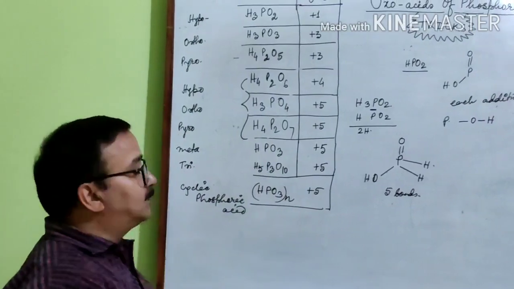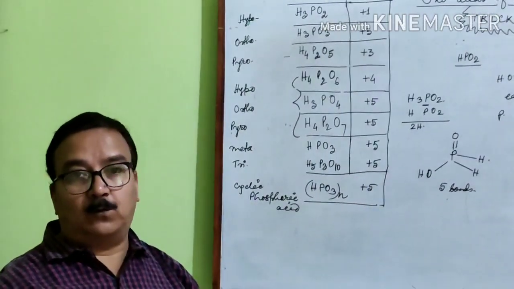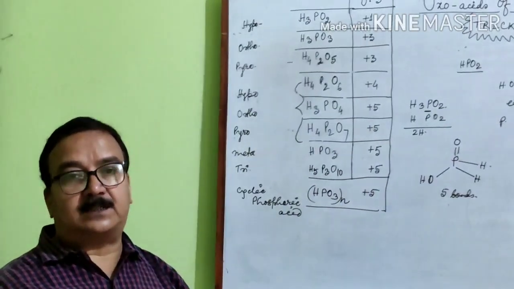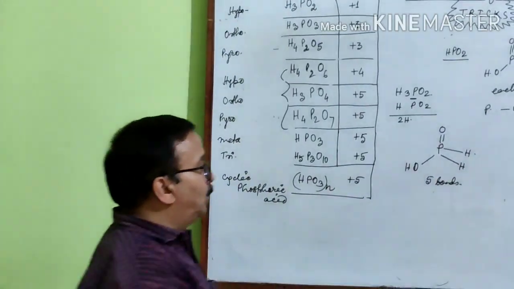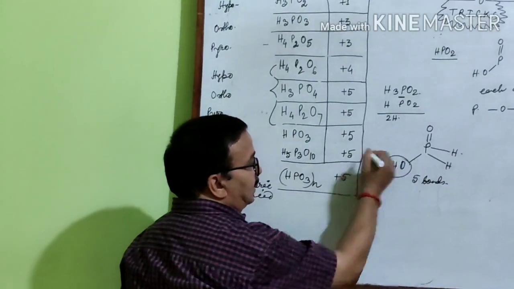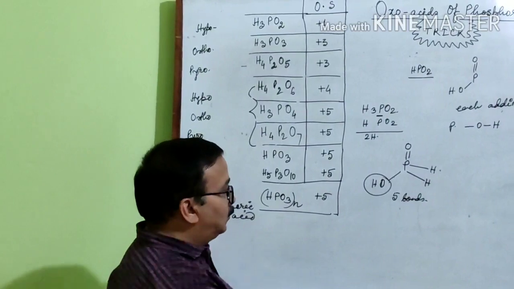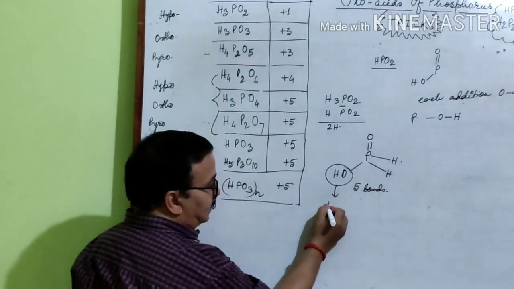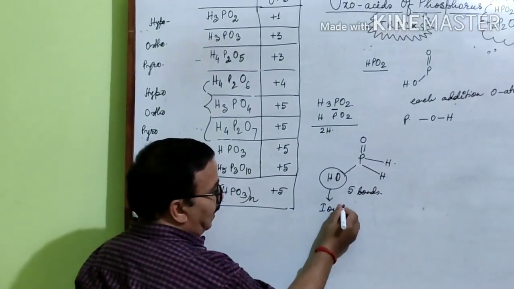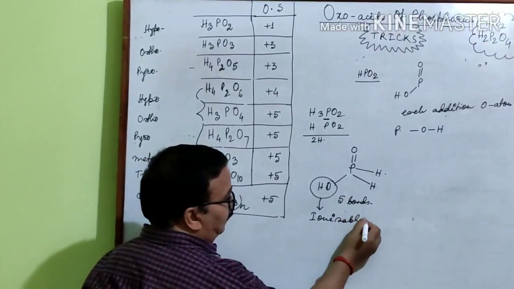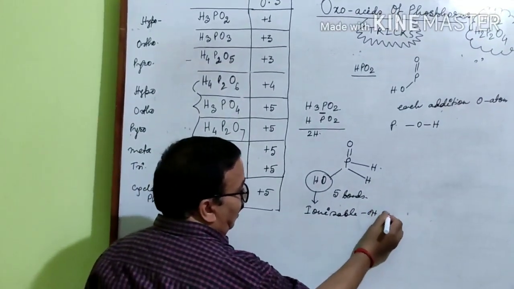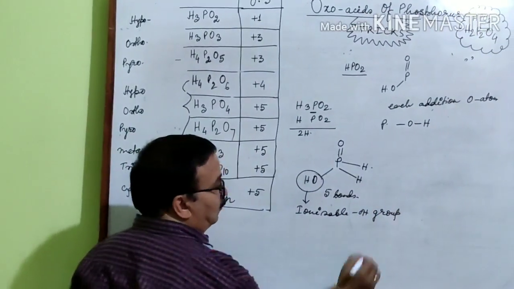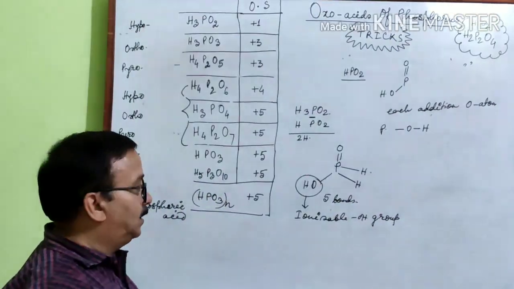In hypophosphorus acid, how many OH groups are directly attached to the central atom? One OH group is directly attached. Therefore, this OH group is known as an ionizable OH group. So, how many ionizable OH groups are there? It is 1.